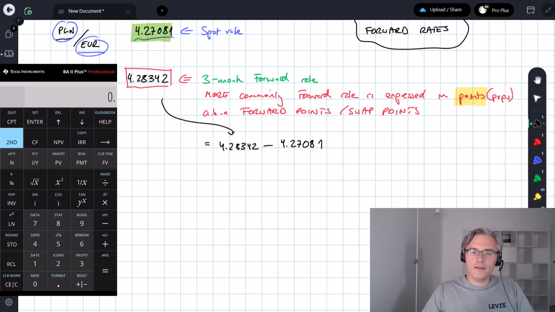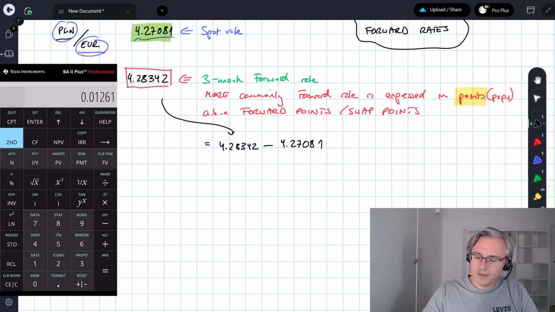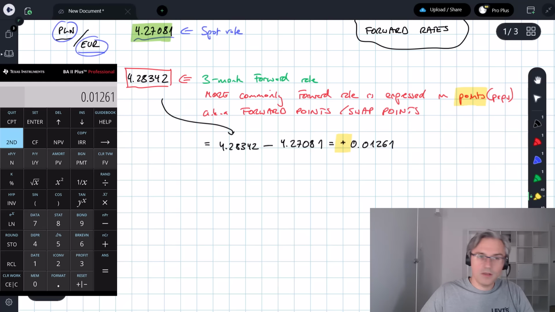Here's my calculator. This should be the easiest thing in the world, assuming I don't make a mistake when keying these in, minus 4.27081. Okay, and it seems that these forward points, swap points, are plus 0.01261.